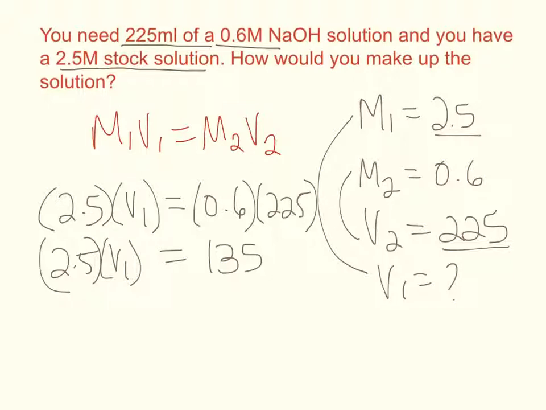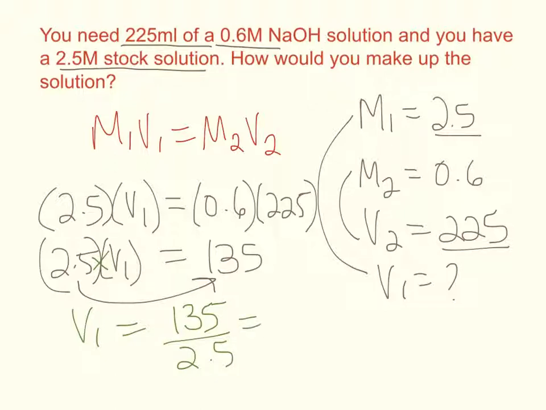To isolate V1, we move the 2.5 across the equal sign, and because the brackets beside each other mean multiplication, it becomes a division. So V1 is equal to 135 divided by 2.5, which is 54 milliliters.